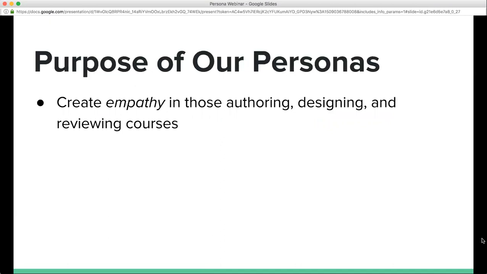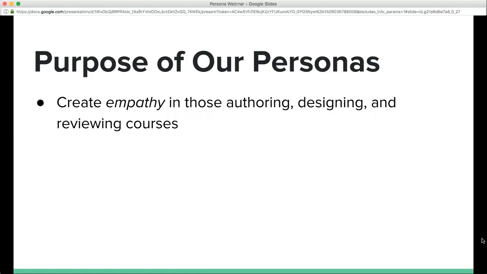So there are a few different purposes of personas, and specifically the ones that we created. Really, the main one is to create empathy in people who are either authoring, designing, reviewing courses, or any sort of web content or content in general.